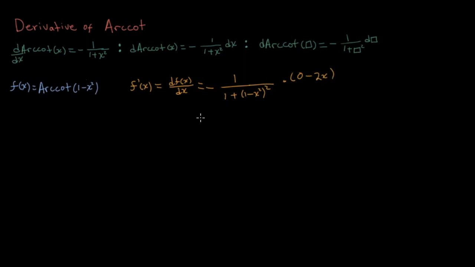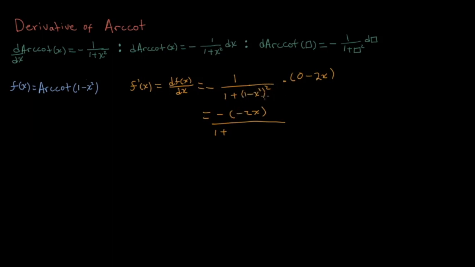So we can go ahead and further simplify this expression. Now this 0, we can just ignore, and then the two negatives cancel out, so we'll have a positive, but I'll write it this way just for demonstration purposes. So this will be the same thing as negative 2x divided by 1 plus this entire term squared.